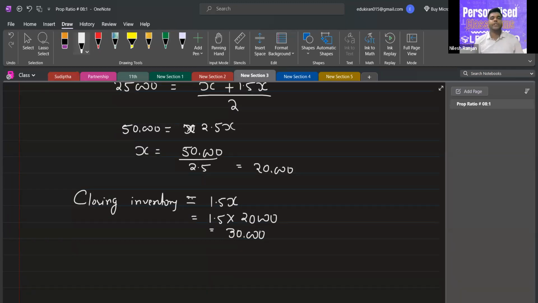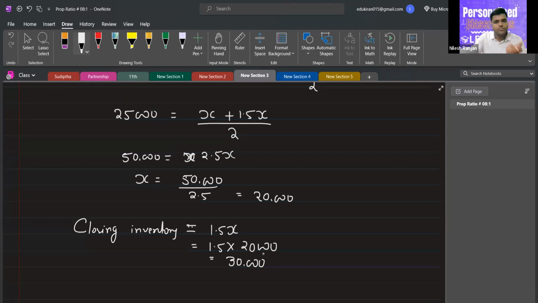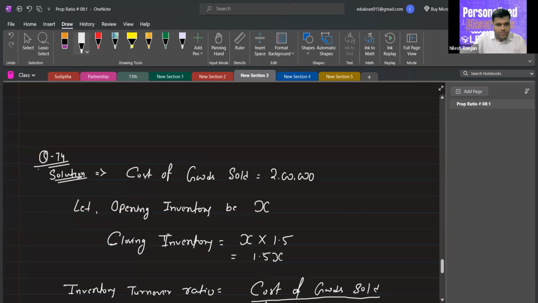Now tell me, is there any problem in this question? Let me revise all the steps we have done. First of all, we assume our opening inventory as X, and our closing inventory was 1.5 times of opening inventory, so our closing inventory is 1.5X.